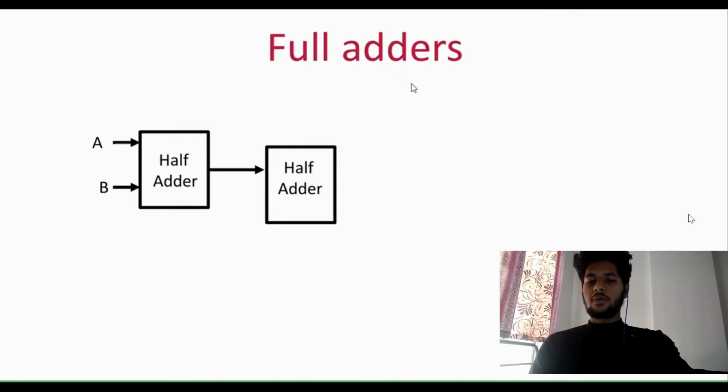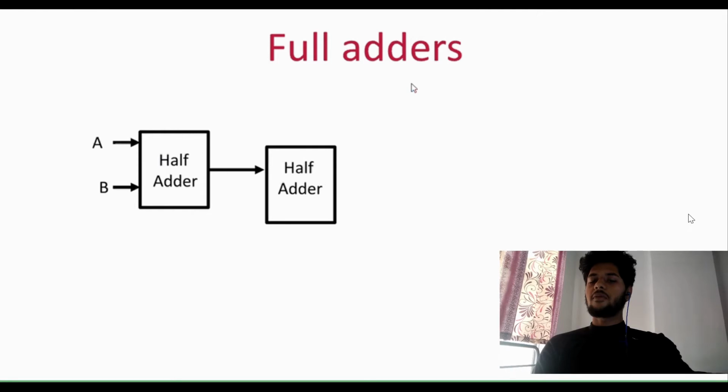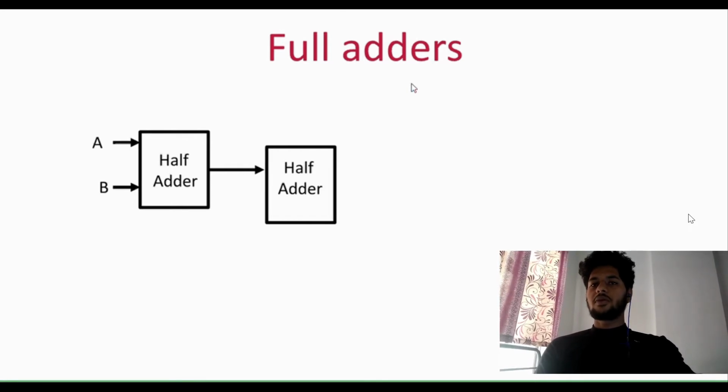Full adders. In case of a half adder, we do not accept carry from the previous sum, but in case of a full adder, we do accept the carry from the previous sum. Full adders are the combination of two half adders where there can be 3 inputs from the user, that is A, B and Cn.